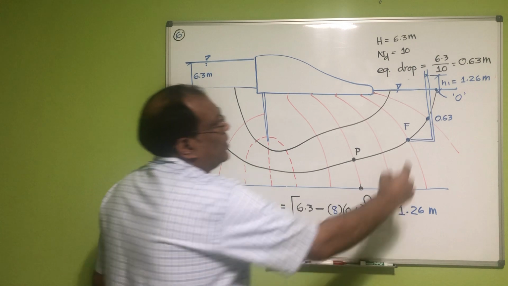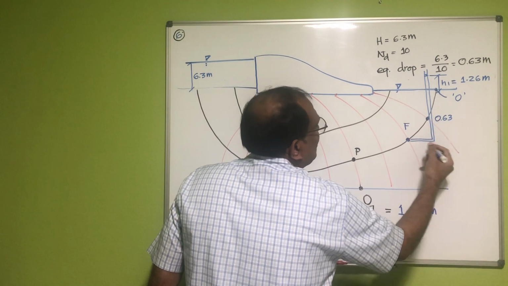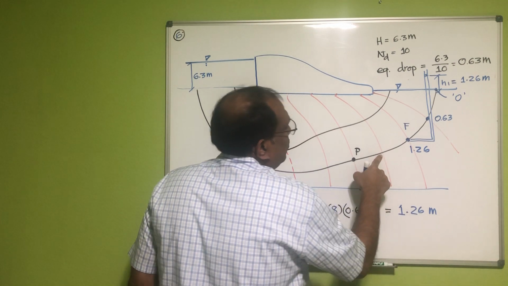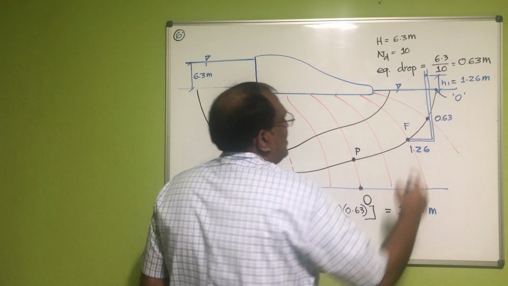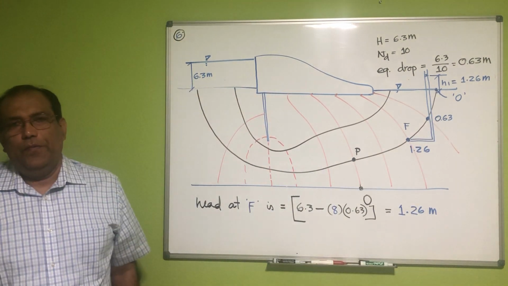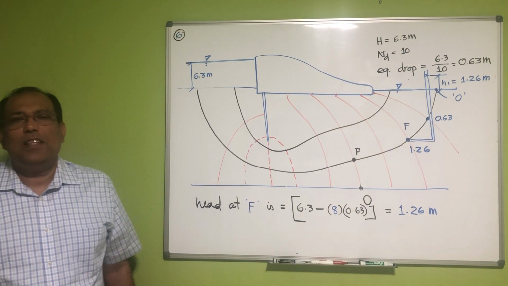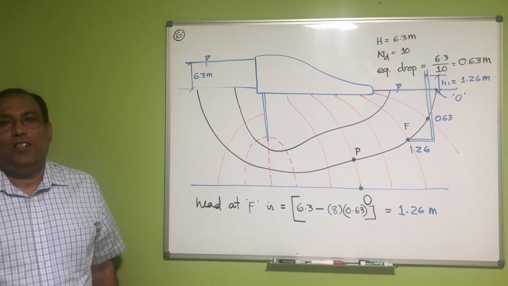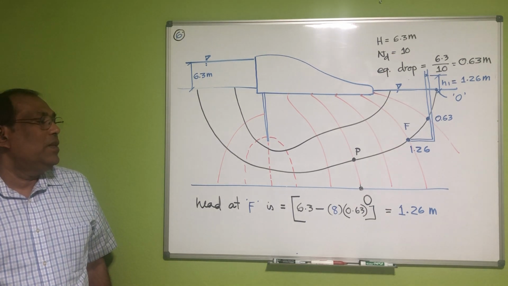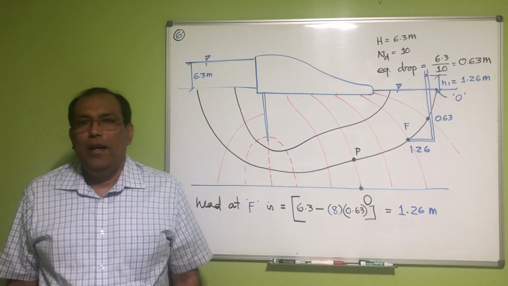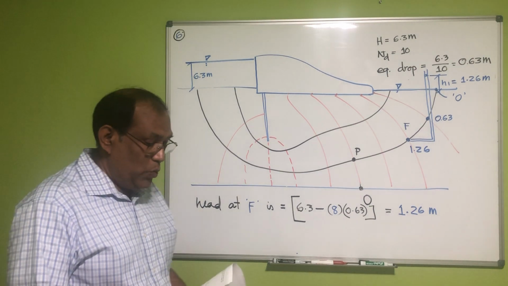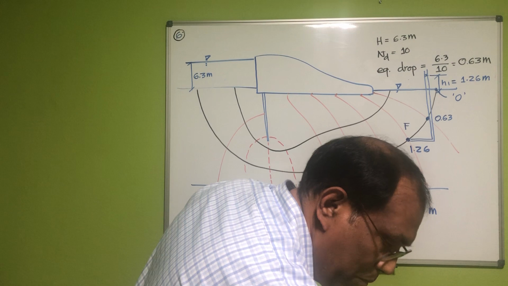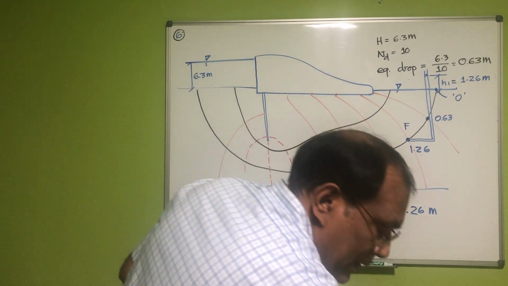So that's why this one is 0, this one is 0.63, this one is 1.26, this one has to be 1.26 plus 0.63 and so on. Okay, that's the way we try to find out the head at each of the nodes.